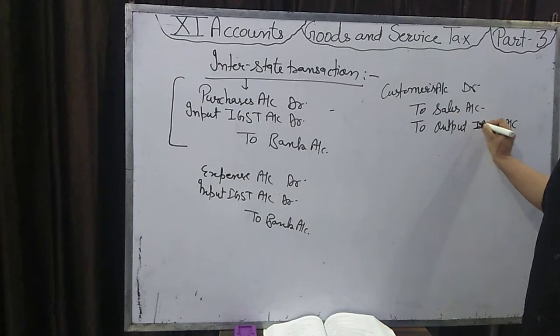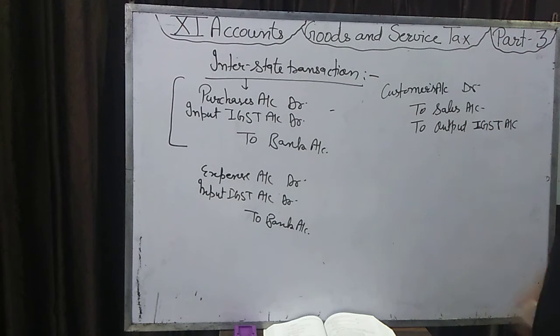If our customer is also from another state, then we will collect IGST from the customer. If the customer is from our state, in which the business is located, then from the customer we can collect CGST and SGST. So keep in mind whether the transaction is interstate or intrastate.